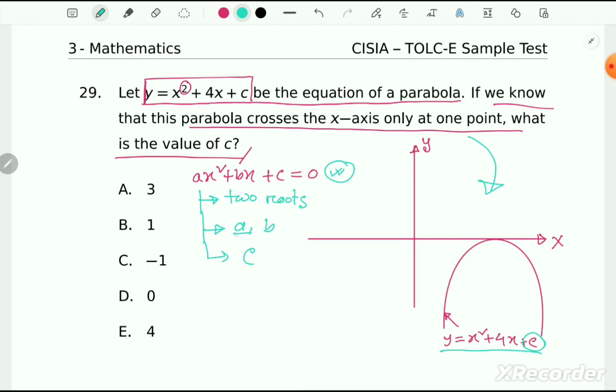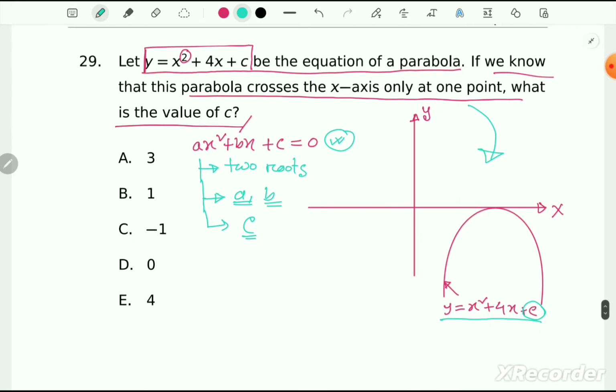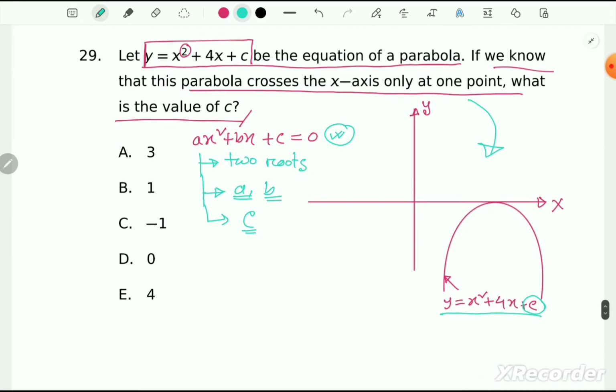So a is the coefficient of x square, b is the coefficient of x, and c is a constant term. To calculate the root, we generally use the equation x equal to minus b plus minus root over b square minus 4ac, divided by 2a.